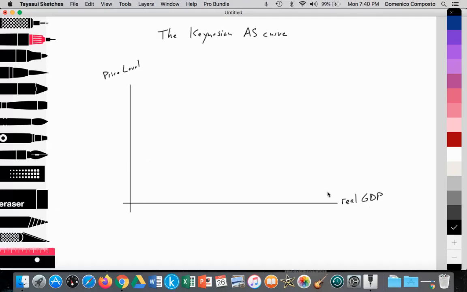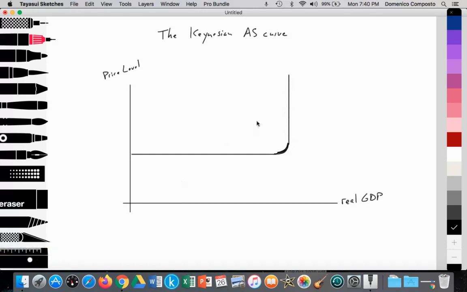So we're going to remember that the Keynesian aggregate supply curve has this shape. There's a horizontal portion that's very flat, and then there's a portion that begins to curve upward. And then there is a vertical portion of the Keynesian aggregate supply curve.